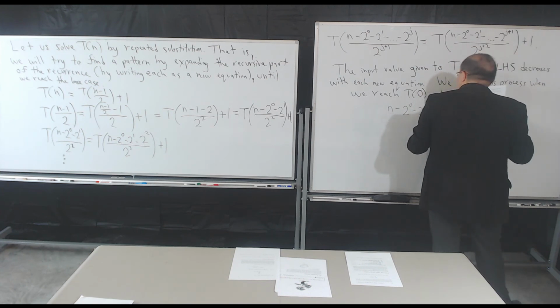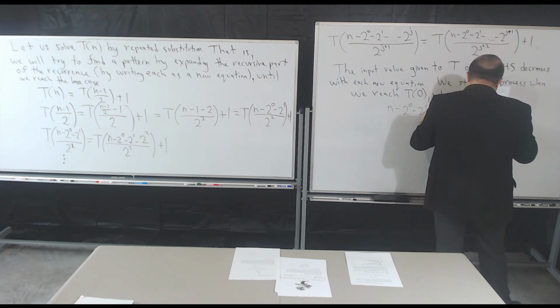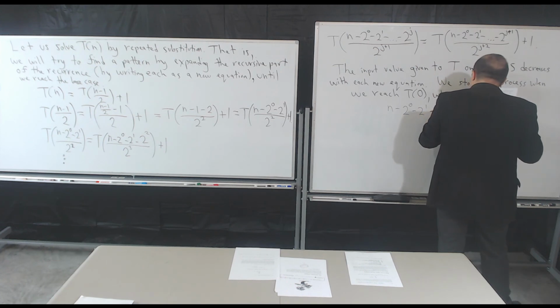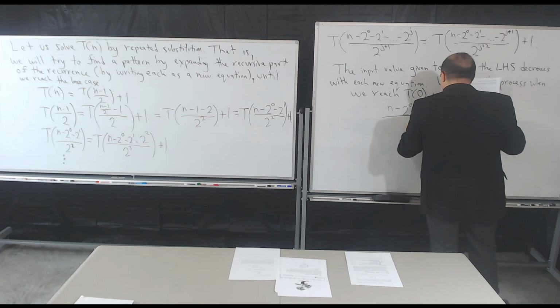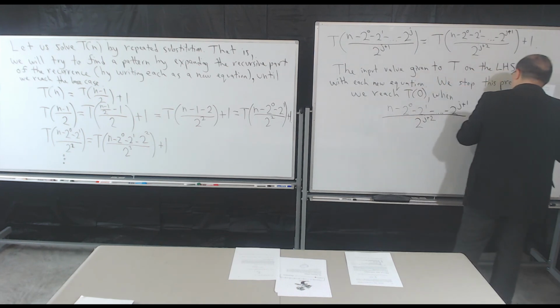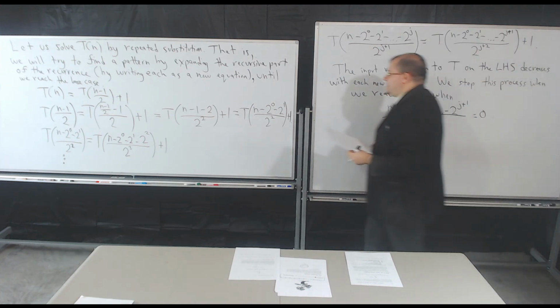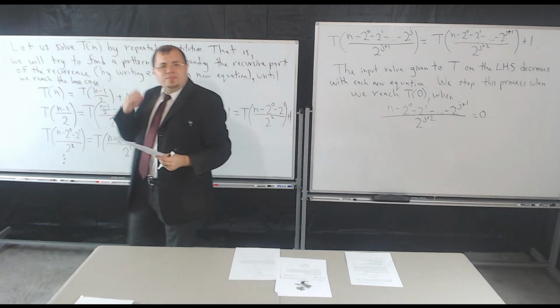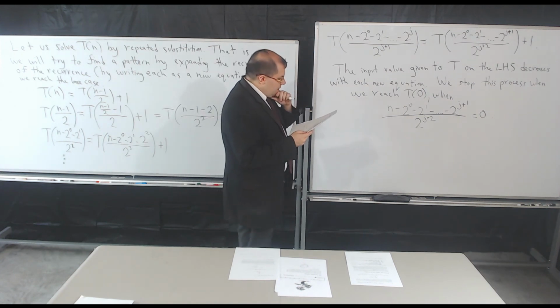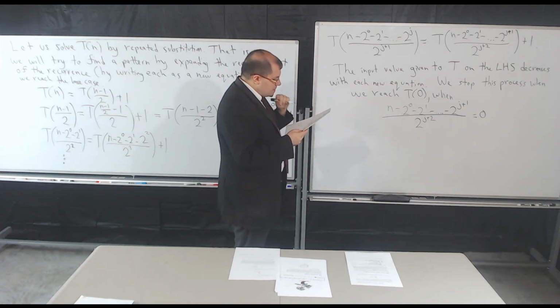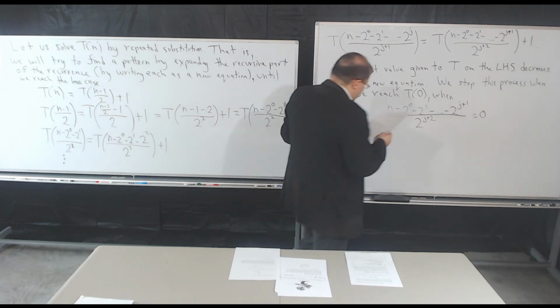So 2 to the power 1 all the way to 2 to the power of j plus 1, all over 2 to the power of j plus 2, is equal to 0. I want to get to T of 0. So that brings me to something interesting. Let's think about this.